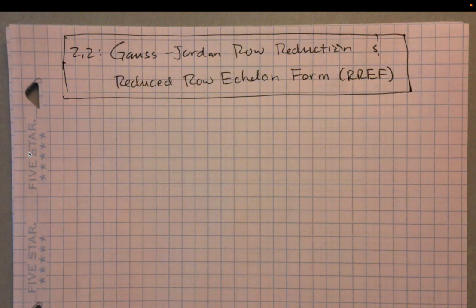Okay, so in the previous section, we discussed Gaussian elimination, the method, and taking that idea and combining it with the idea of an augmented matrix, we could come up with an augmented matrix for a given linear system and then systematically reduce the matrix until it had a particular form.